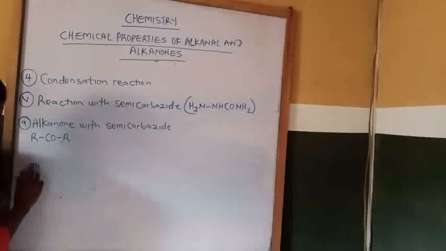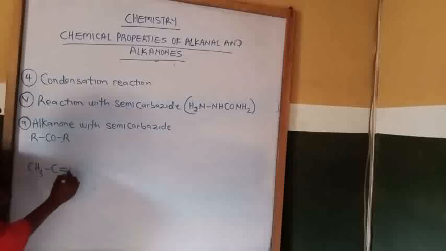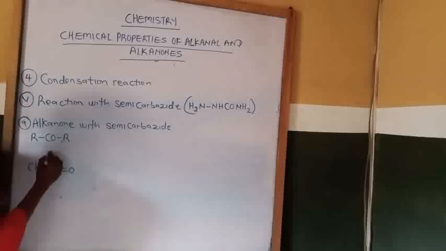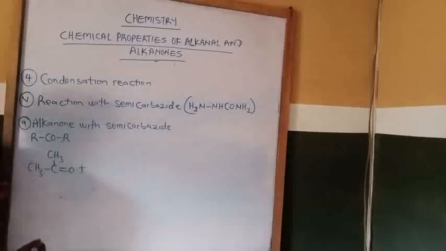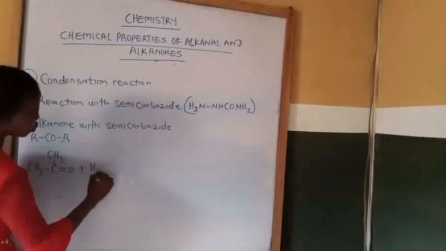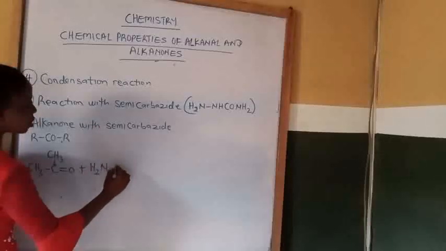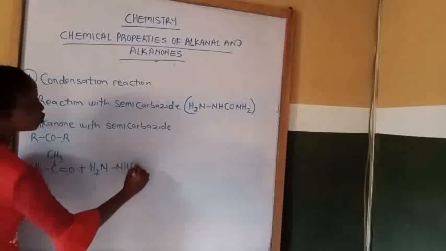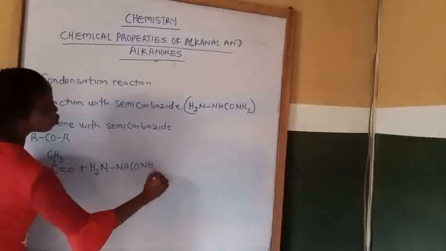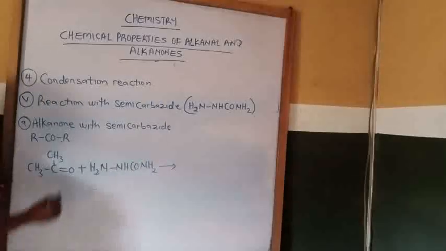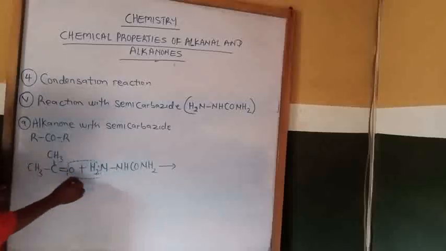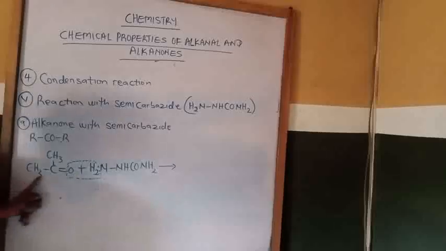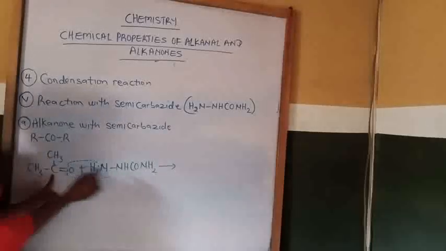Let's use CH3, then C double bond O, then the second R CH3. So plus our semicarbazide, which is H2N NHCO NH2. So what will be the product formed? We eliminate one molecule of water. So our product will now be CH3 CH3.